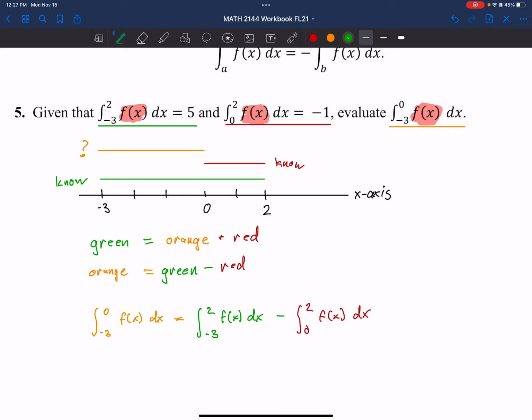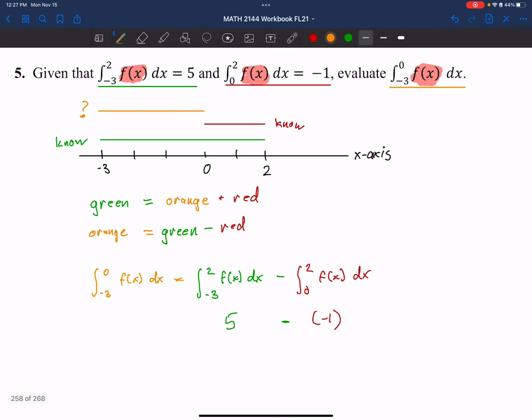And because we were given the green was 5, and the red was -1, we know that our answer here is just going to be 6.